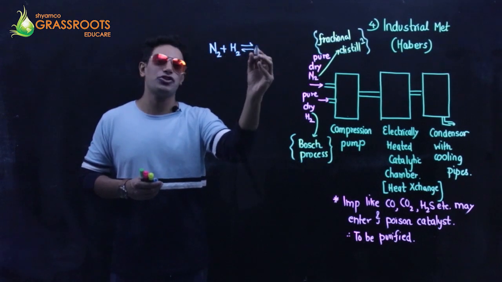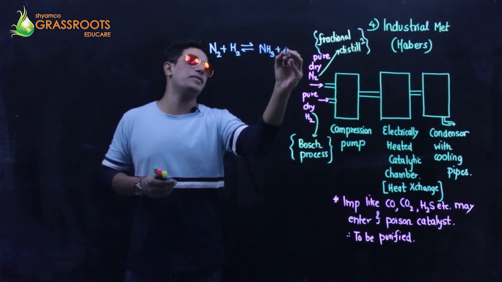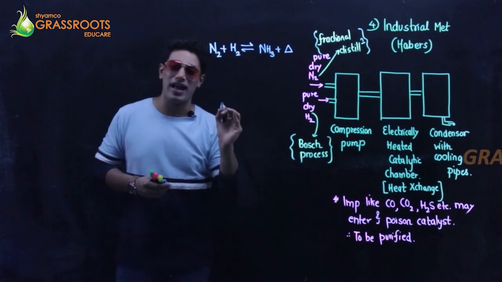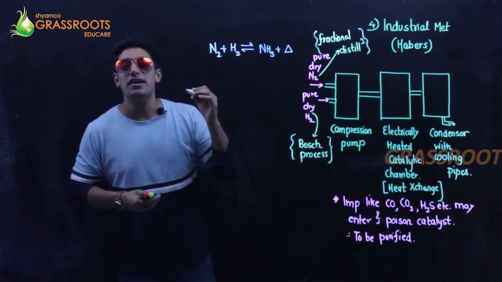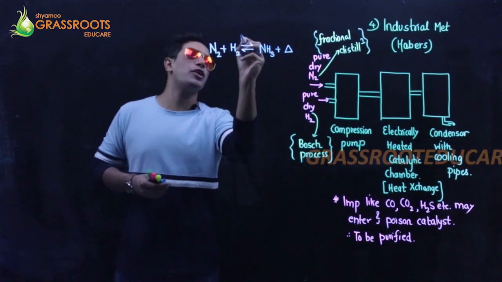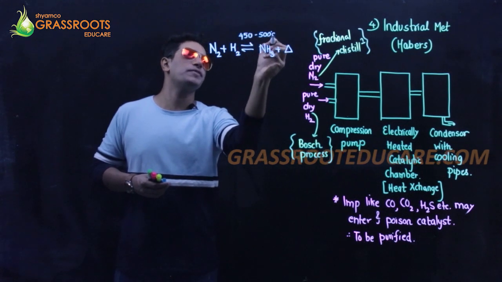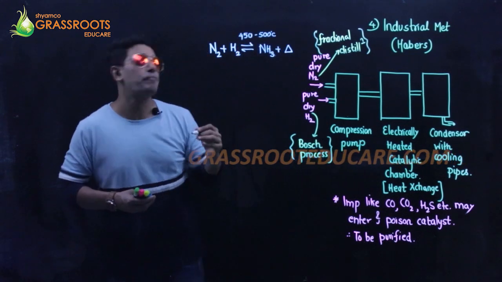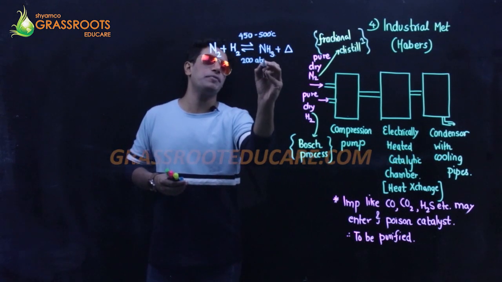It's a reversible reaction forming ammonia and approximately 22 kilocalories. Tremendous amount of heat energy. Highly exothermic reaction. The temperature used here is approximately 450 to 500 degrees Celsius. The pressure used is approximately 200 atmospheric pressure.